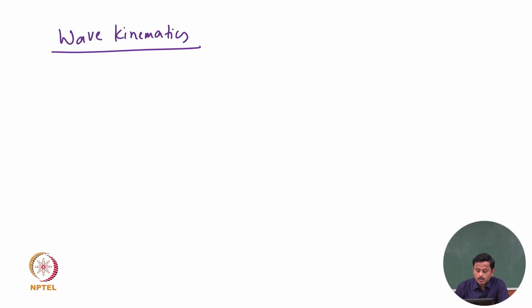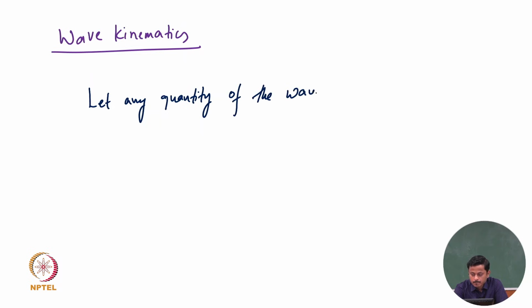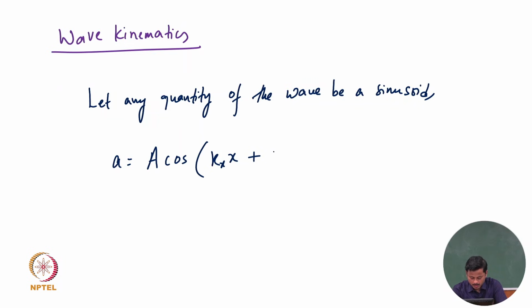So let any quantity of the wave be a sinusoidal function. We are defining any quantity, which could be velocity or amplitude, in a very general cosine wave form.